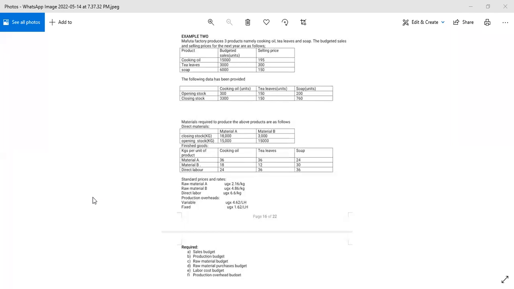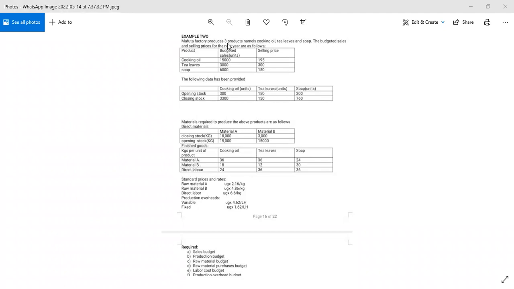Here we're looking at how many units do we use in producing this. So for the units, as you will see the required bit, the required says you have two products or two raw materials, sorry.